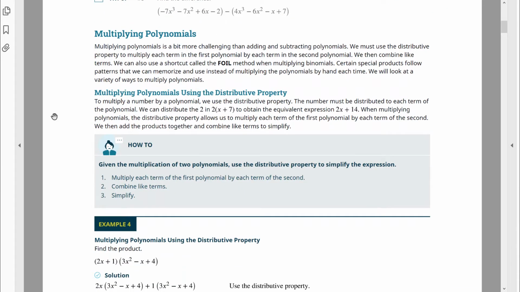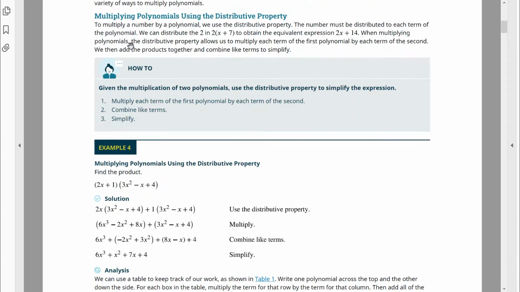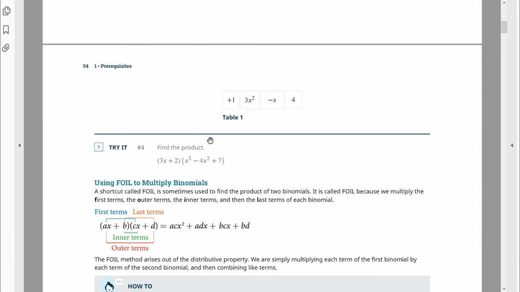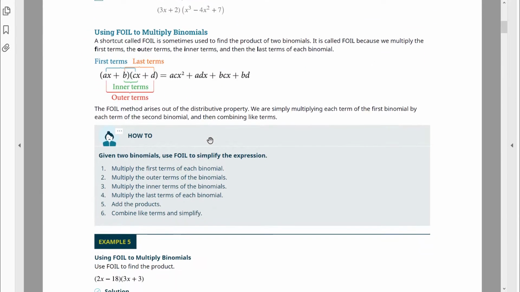How to multiply polynomials. Examples. Default way to multiply binomials.